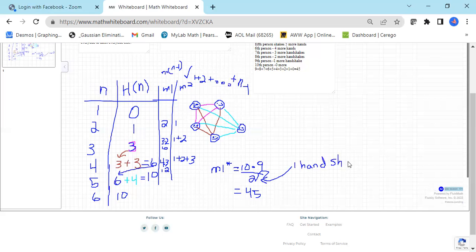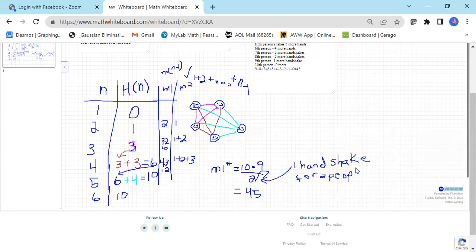One handshake for 2 people. So to generalize, as soon as I finish writing this, 1 handshake for 2 people.